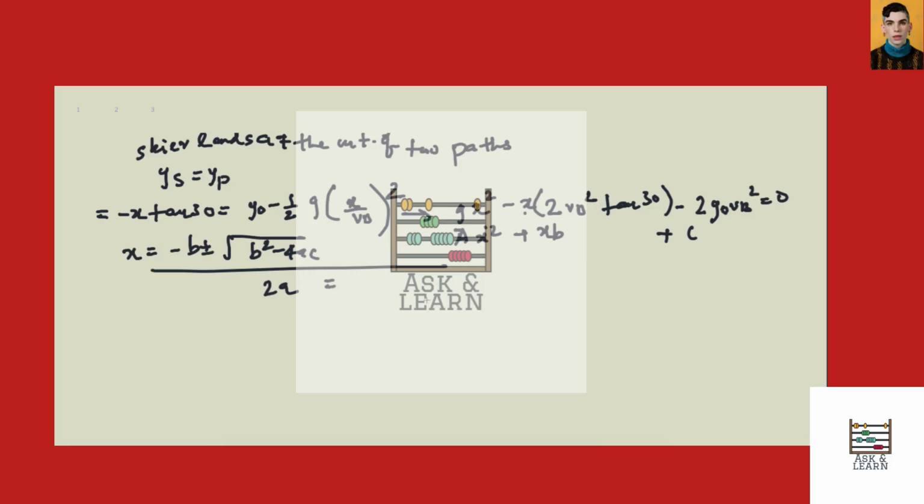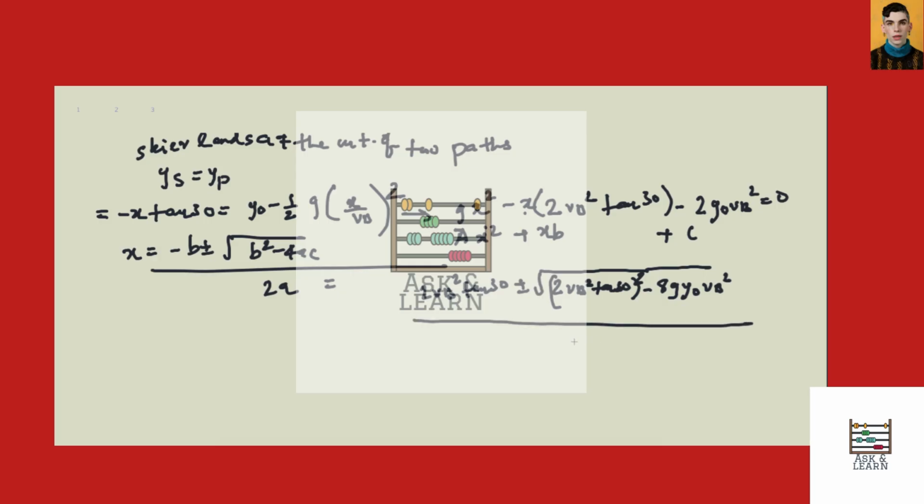So we'll plug in: x is equals to 2 VB squared tan 30 plus minus square root of 2 VB squared tan 30 squared, this is b squared, minus 4ac, so that becomes 8 g y naught VB squared, and divided by 2g.